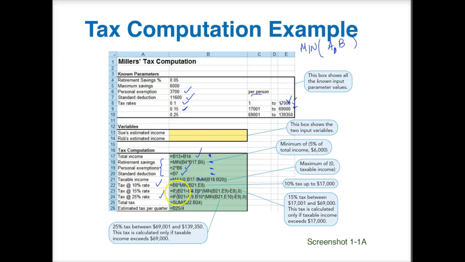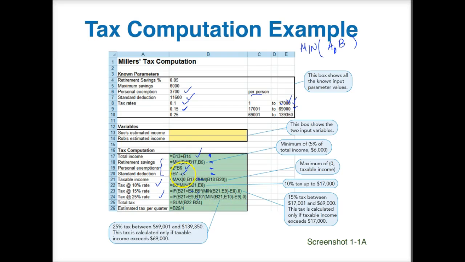If we know that the money that Sue and Rob make is over, in this case, E9, then what we want to do is put 0 in for the tax rate. Otherwise, we're going to take B10, which is going to be 0.25 or 25%, and we want to multiply that by the smallest number between B21 and E10, okay?